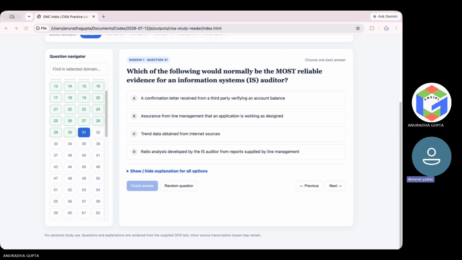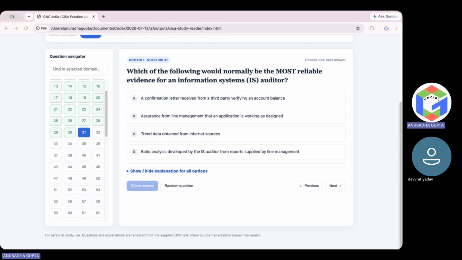Because the third party has already verified it, then the auditor is receiving the confirmation letter. What would be the keyword? The keyword is confirmation letter received from the third party. Third party, verified.